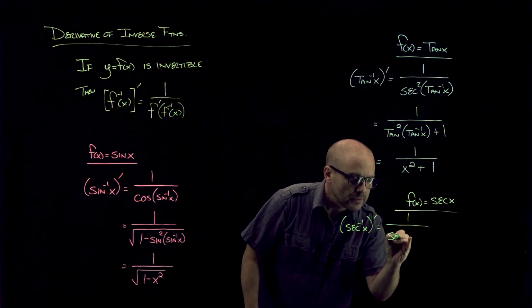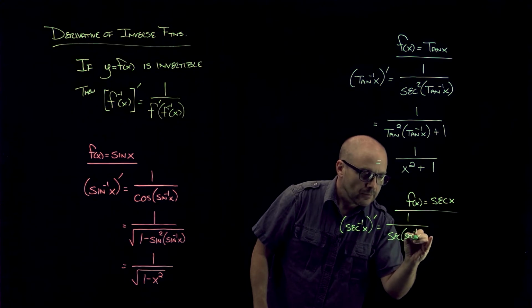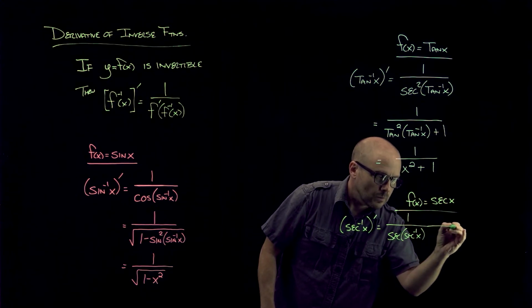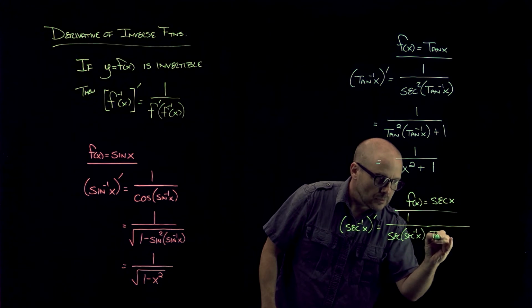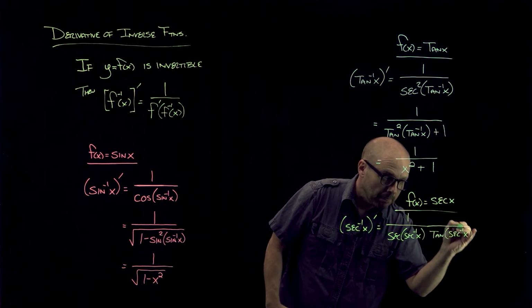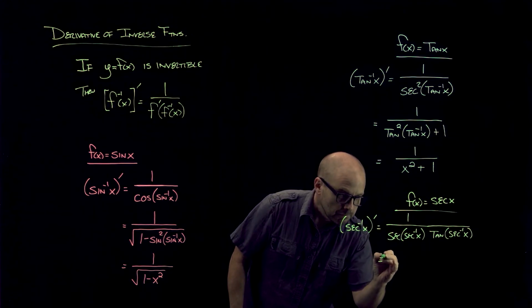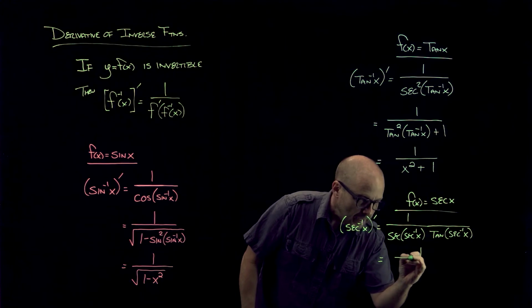Well, its derivative is secant tangent. So it's secant of secant inverse times tangent of secant inverse. Secant of secant inverse cancels, leaving an x.